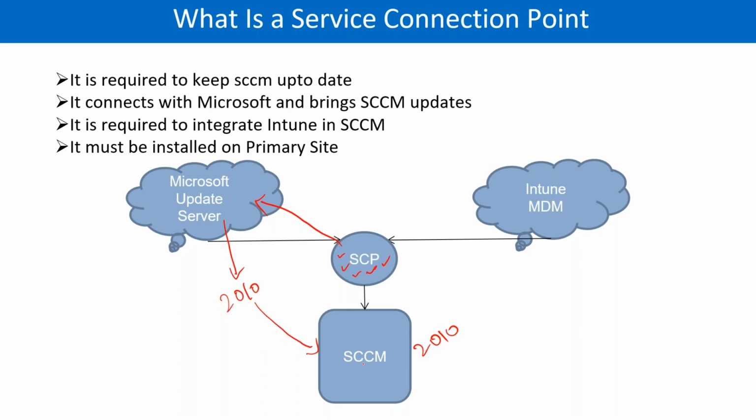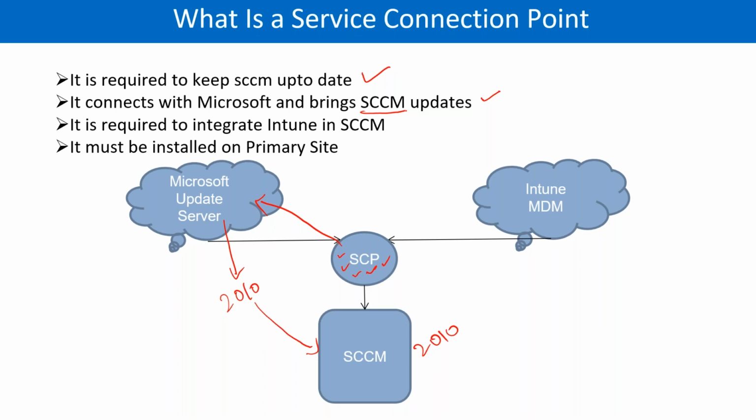You can download and install. So it is required to keep SCCM up to date. It connects with Microsoft updates and brings SCCM related updates, not general update, not Windows update, and not any other update. Only SCCM related updates it will get, okay, from Microsoft update server.